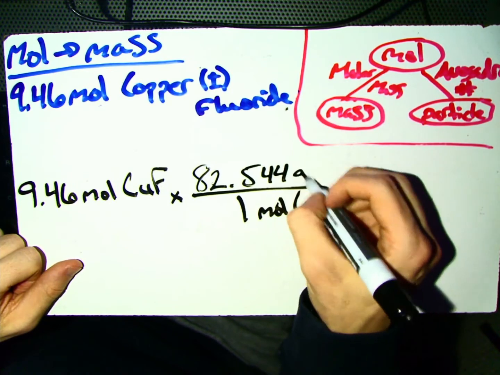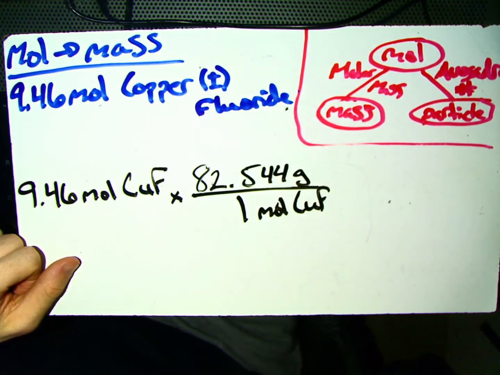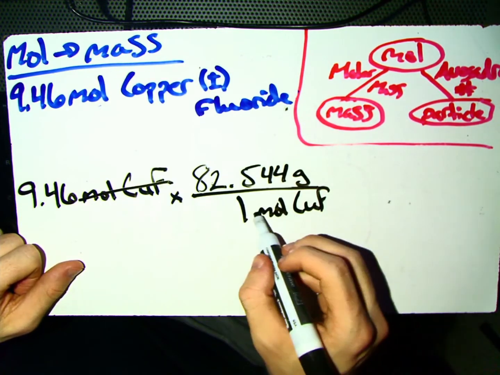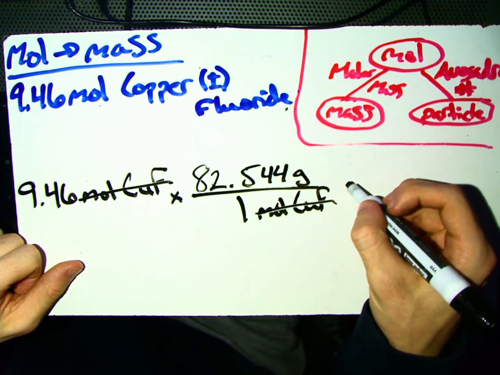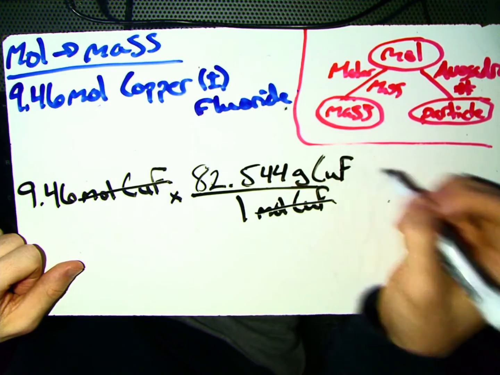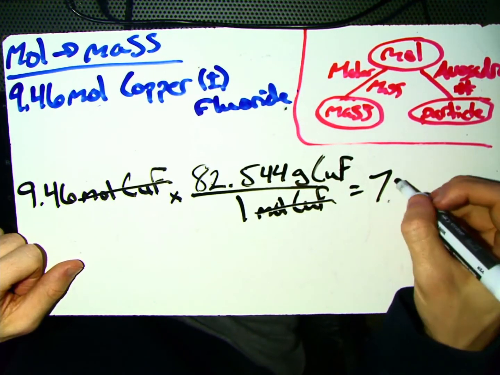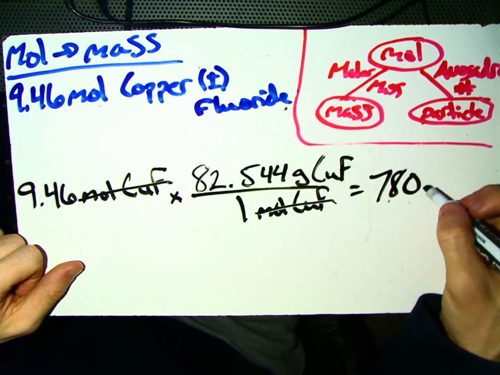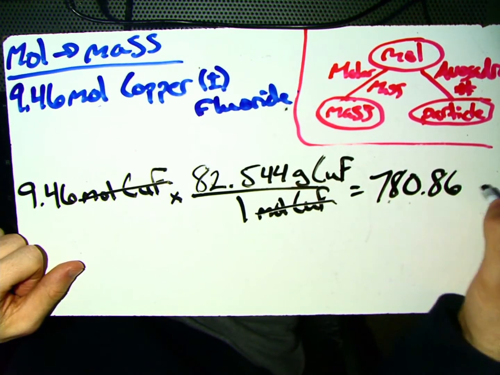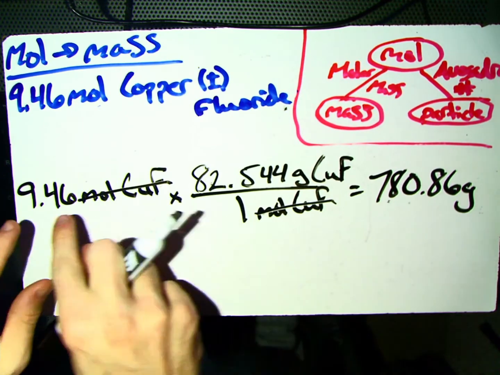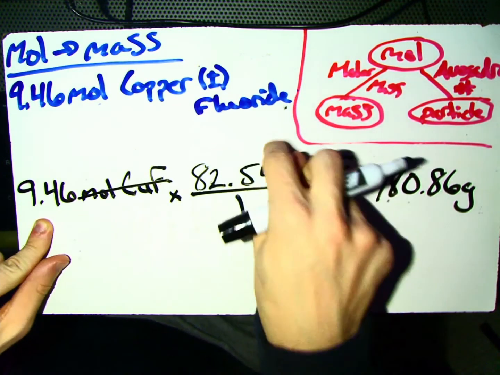82.544 grams. Lovely. We can cancel out units. I'll write CuF up here. And that equals 780.86 grams. What's wrong with that? Well, we have 3 sig figs here, 5 sig figs up here.